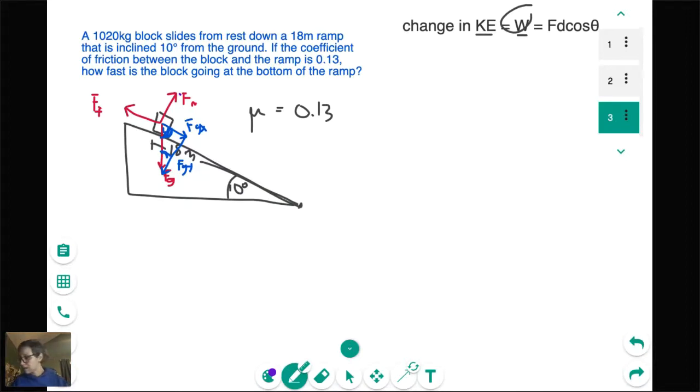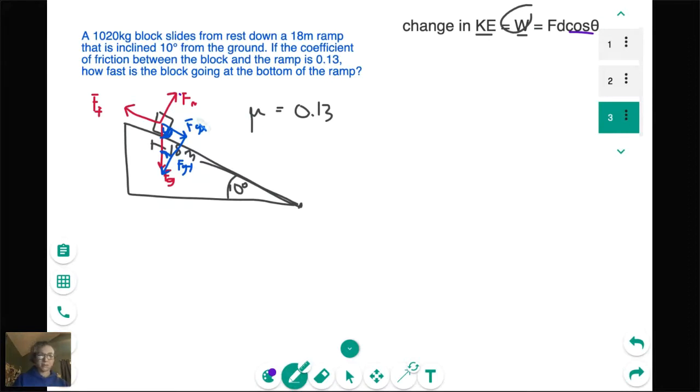So I'm going to start by looking at the work done by FGX. But actually, I can really think of this as the work done by gravity, because I've got the consideration of the angle already in this equation, and I don't need to do it twice. That, I think, is something that could maybe trip people up.